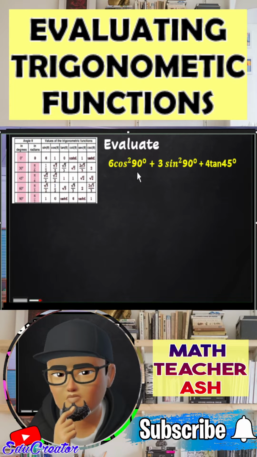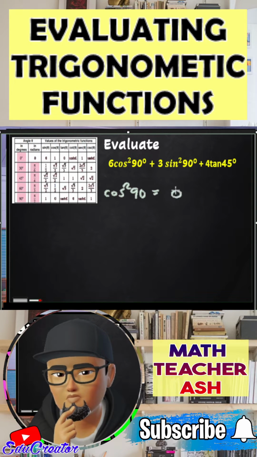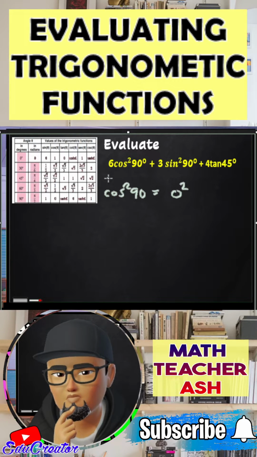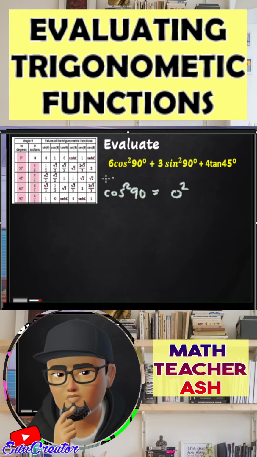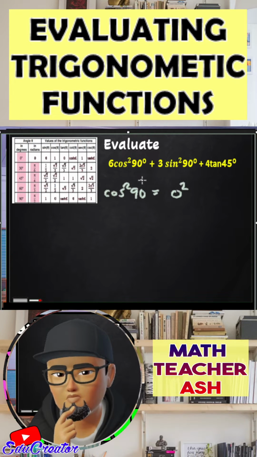So cosine squared 90, what is your cosine 90? At 90, your cosine is 0, so that means 0 squared. Now, why is there a 6 here? That means multiplication. So a 6 is multiplied to the cosine squared 90 degrees.